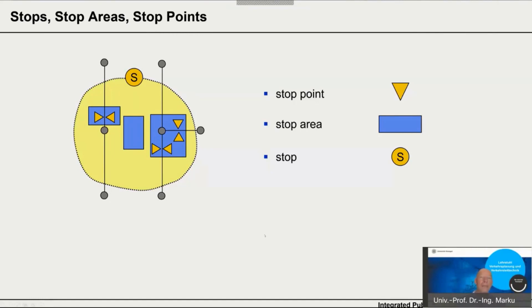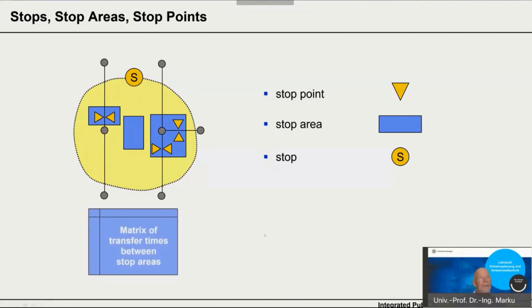And in your model, if this is what you want to do, you would need to determine transfer times between the stop areas. So if you move from here to here, it would take you maybe 5 minutes. And this is something you need to include into your travel demand model, in your data model.